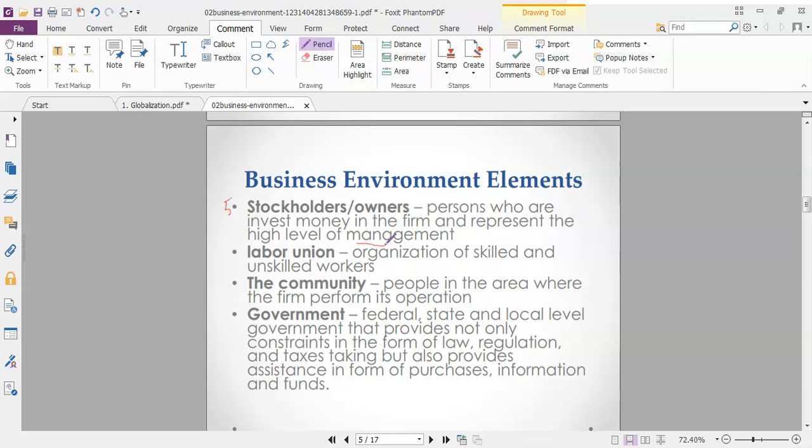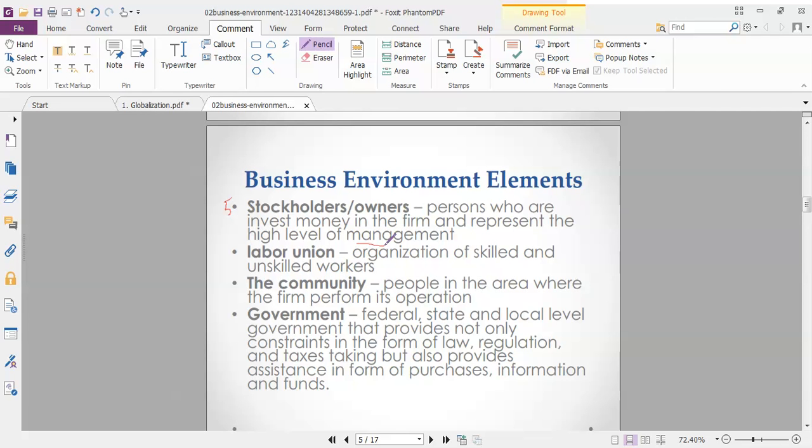Then the community is the people around you. It's the people around the company or organization in the area where the firm performs its operation. For example, if you open a business shop in Seremban, the community around Taman in Seremban is the community of your business environment.